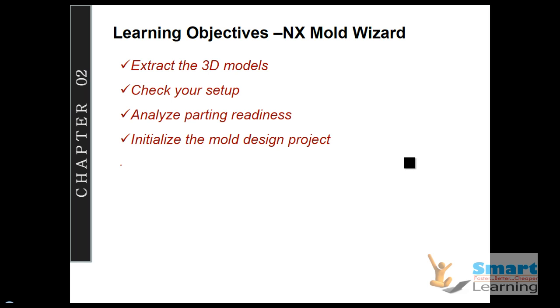So for understanding this, we'll take one project in which we'll understand every aspect of mold design, starting from your parting line, your extraction procedure, patch, mold base, how to locate your gate, risers, runners, and standard components, how to align to your mold base, and how to configure all peripheral components of your mold design.